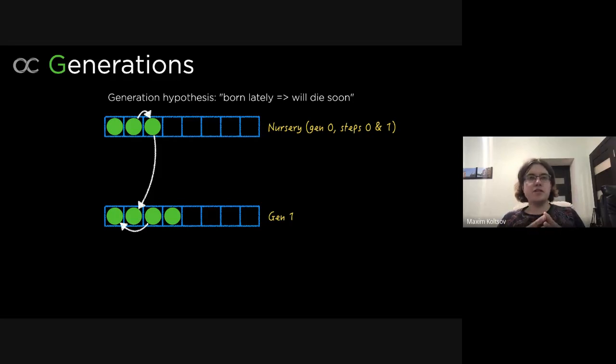Because objects in generation zero were born after objects in the first generation, if we don't have mutation, we don't need to look at the first generation at all when we are collecting the zeroth one.